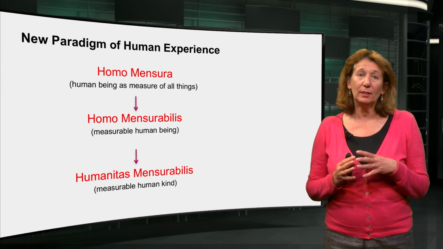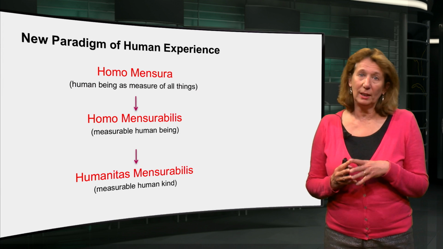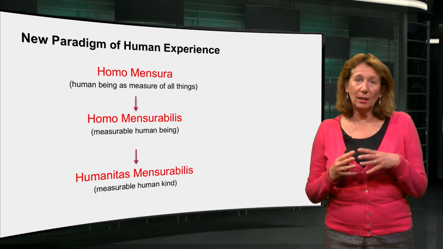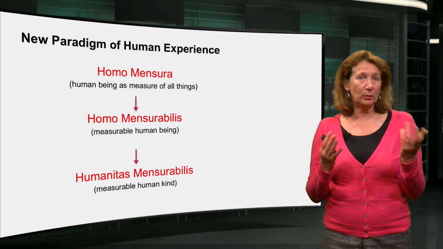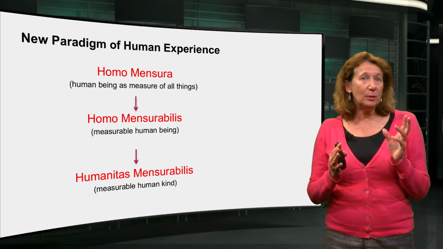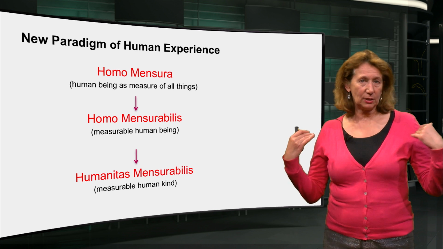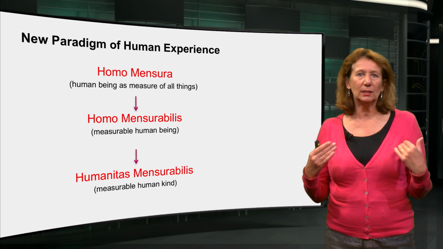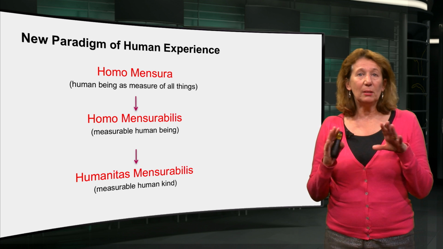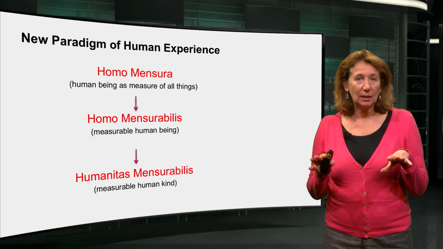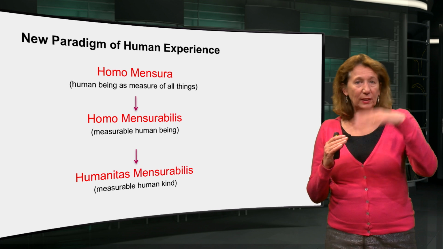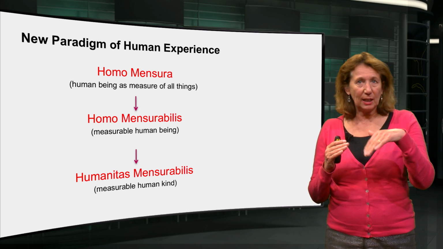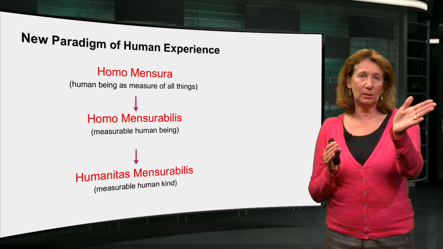We now live in a new paradigm of human experience. For a long time, human being was the measure of all things. Then we had tools to measure us, like blood pressure, heartbeat. But now we can measure humankind. Like with TomTom, we feed data, we get data back live, and we adapt the way we drive with our car.